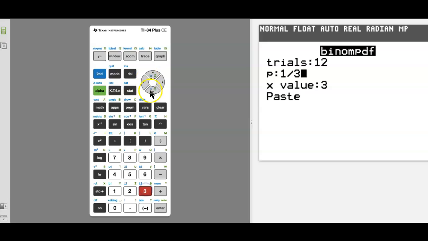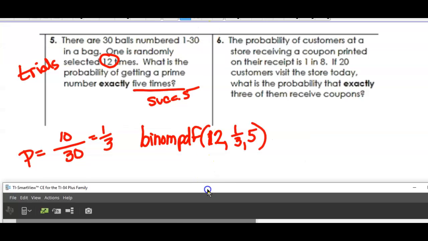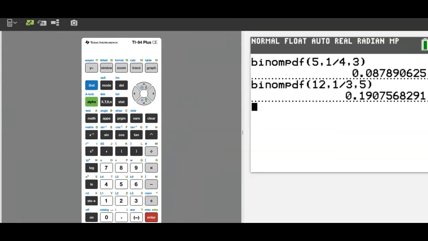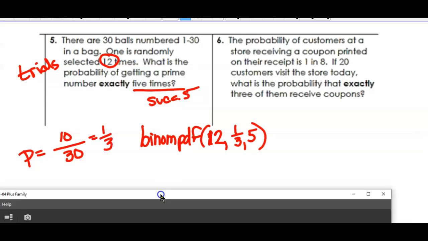Is it 1 in 3? I already forgot. Yes. Okay. And so we get 0.191 if we round to 3 places.